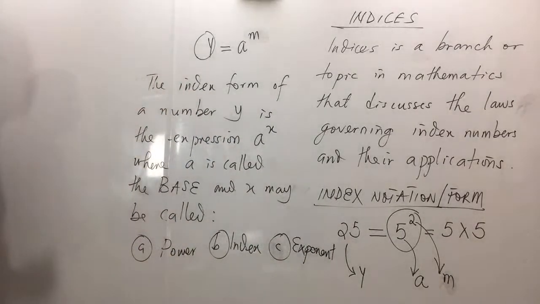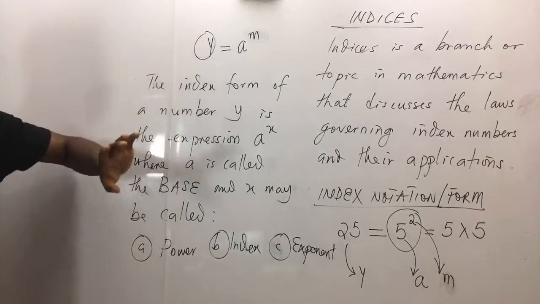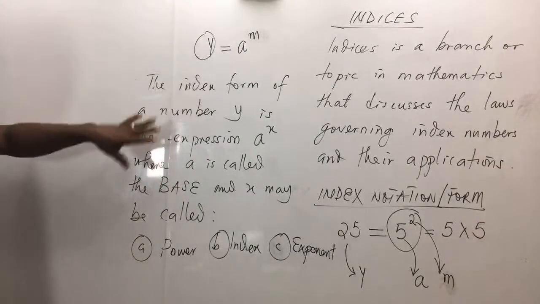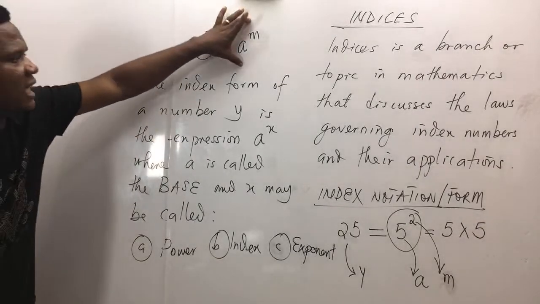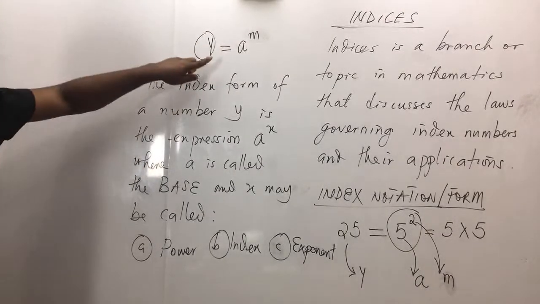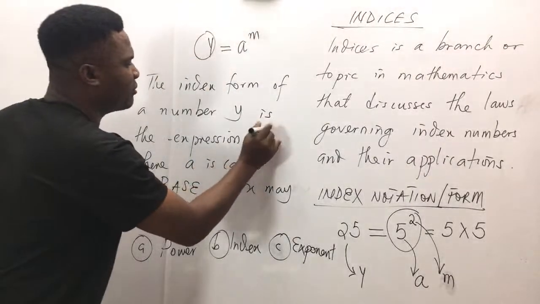Okay? So, what is the index form of a number? If we take a number y and want to express that number y in index form, what it means is to write y in the form a to the power of m. So let me change this to m to be consistent.